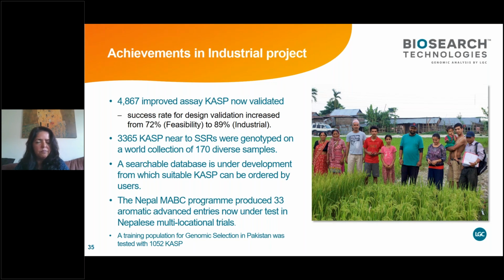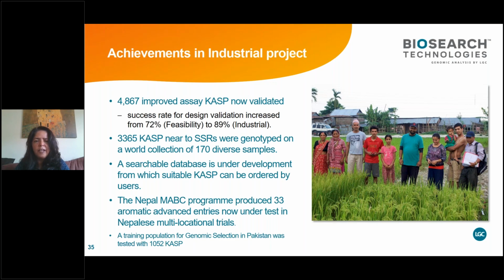Of the 4,867 SNPs identified, 3,365 were identified to be near SSRs. And the great news from the industrial phase project is that we have 33 aromatic advanced entries now under test in multi-locational field trials. And for me, this is an immense achievement of the project.